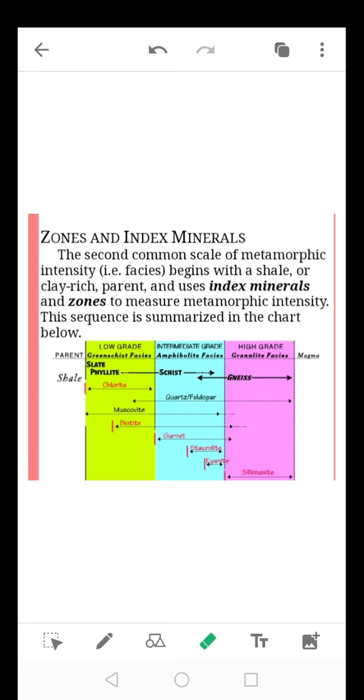So shale has this format of forming slate, phyllite, schist, and gneiss. And then you can see that within a low-grade metamorphism, you have chlorite, which is a fundamental mineral in low grade, and it covers this entire area.